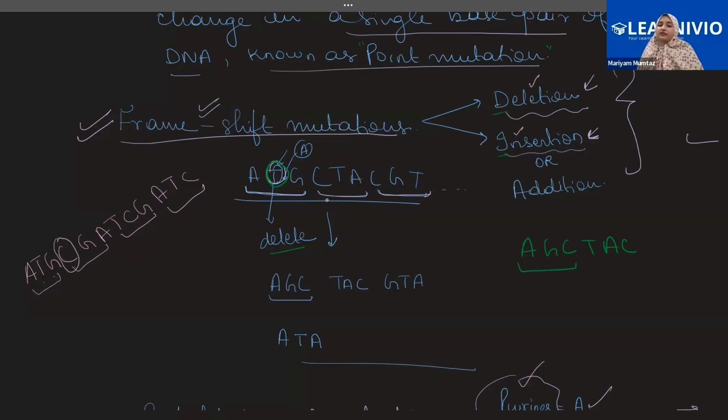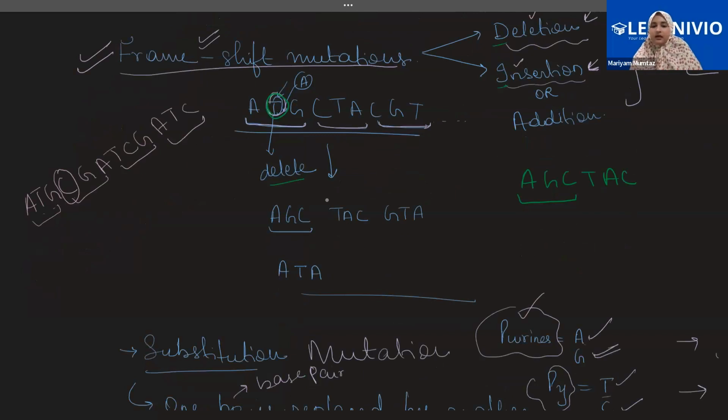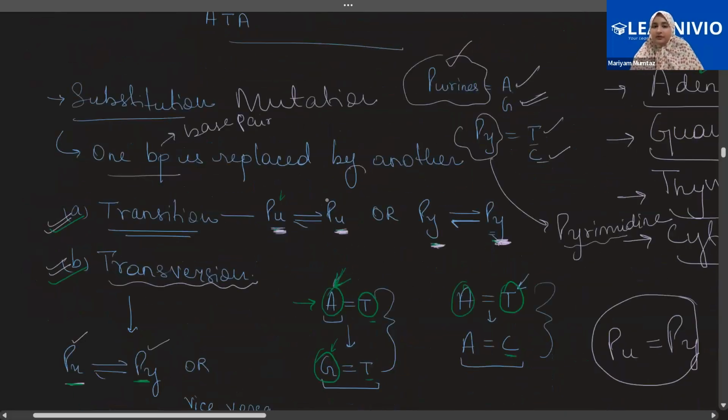So this kind of mutation, either because of deletion or insertion of a nitrogenous base, changes the frame that was being read. So we call that mutation frame shift mutation. Got it?